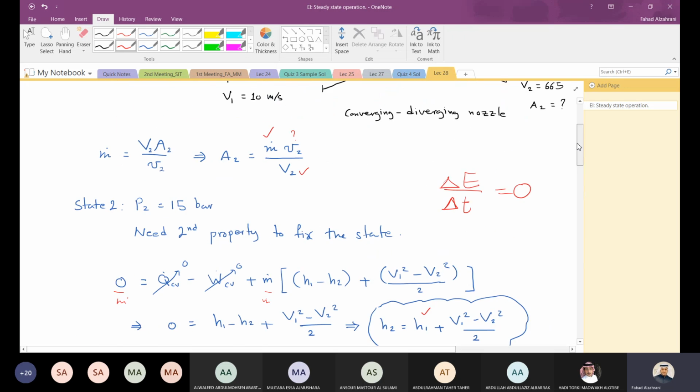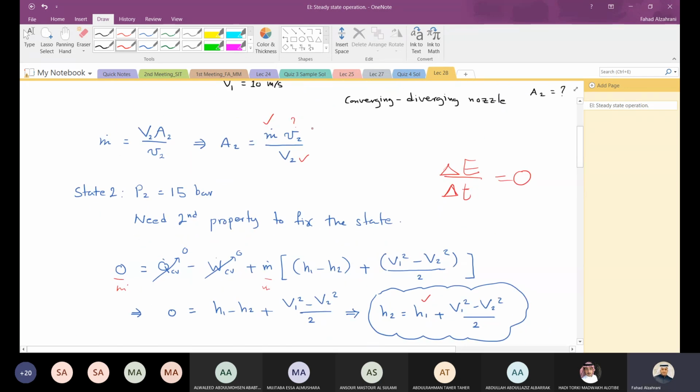We go back to the original equation and evaluate the specific volume. Okay, so that's the idea here يا شباب. So again the procedure to go through the problem is very important.